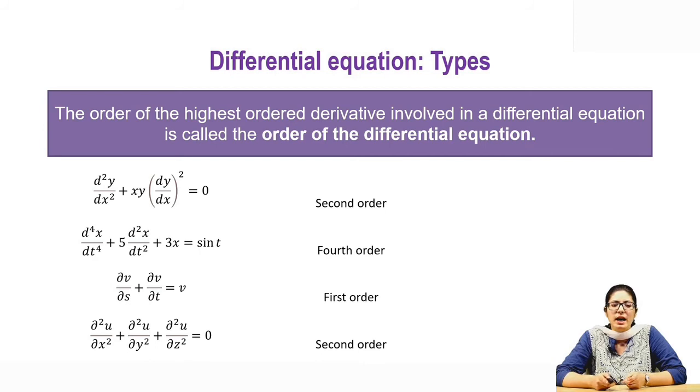In the third case, although they are partial derivatives, both the derivatives are of first order, so we classify this equation to be of first order. And in the last equation, all three derivatives have order 2, which is the maximum order of derivatives available in this differential equation. Therefore, the order of this differential equation is 2.